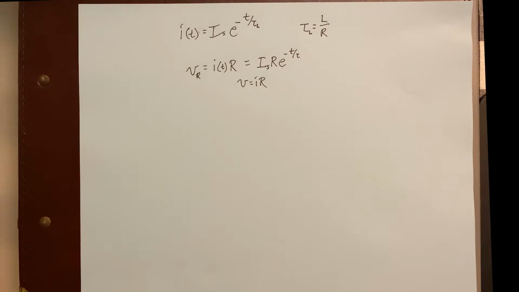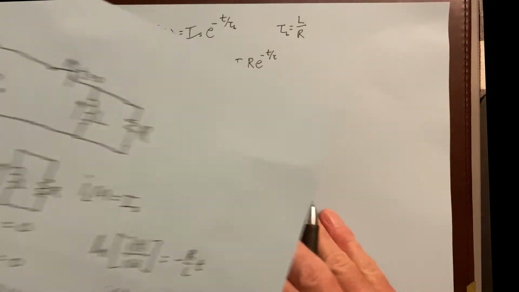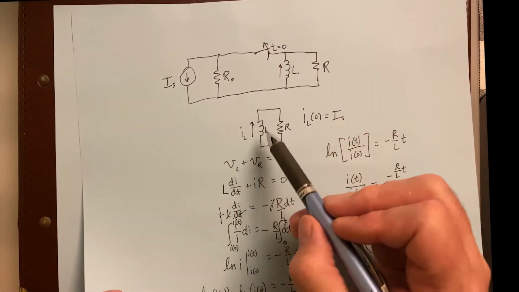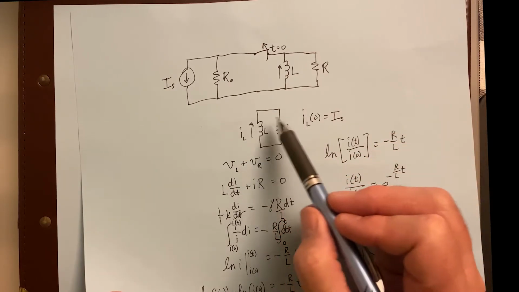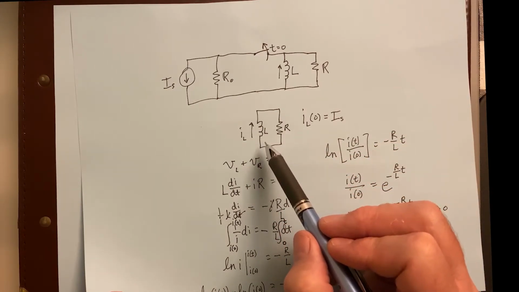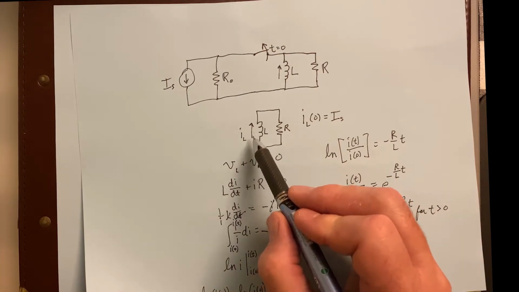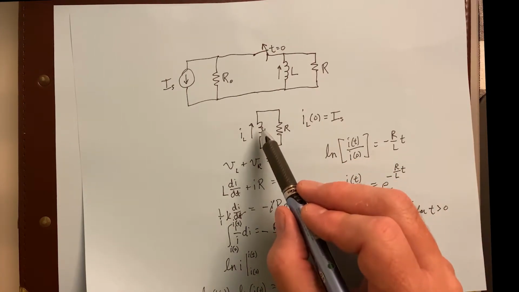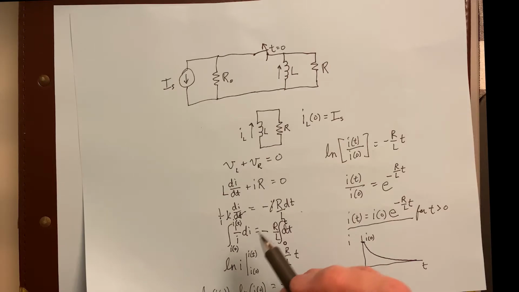And if you think about what's going on here, after the switch is opened and the right-hand portion of the circuit is isolated from the left-hand portion, the current I sub L is going to start flowing as the magnetic field in the inductor decays.